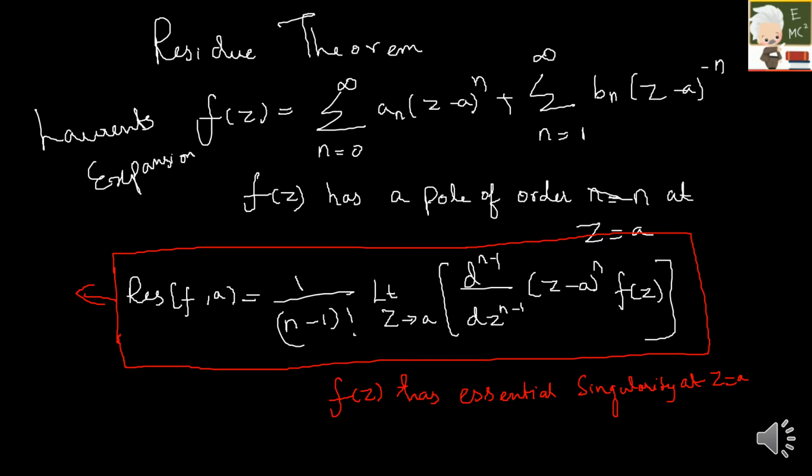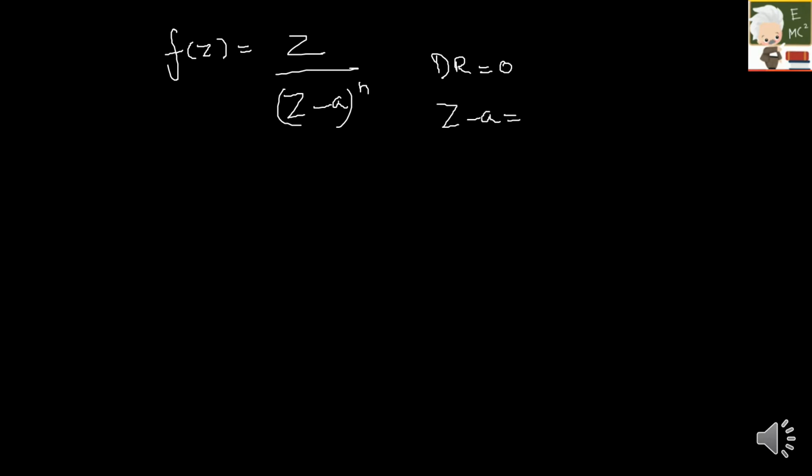So let me give an example. For example, if my f(z) = z/(z - a)^n. Here, to get your singular point, your denominator should be equal to 0. So z - a should be equal to 0, which means z = a. And here the pole of order is n. I have taken it in general.